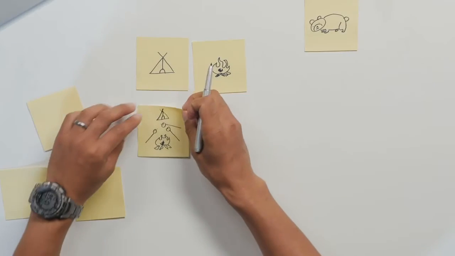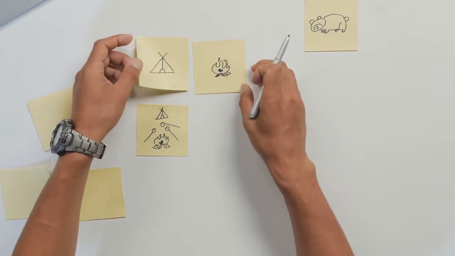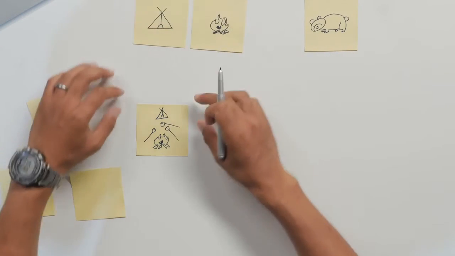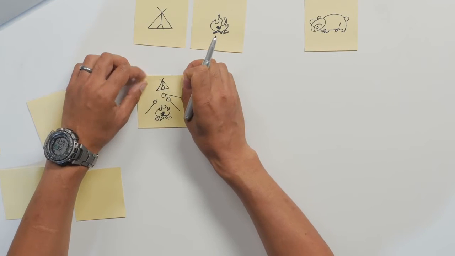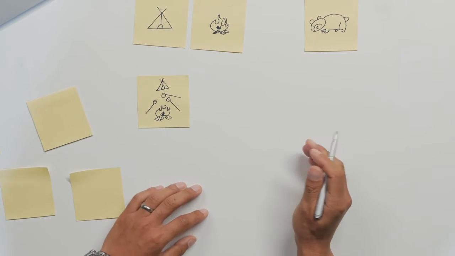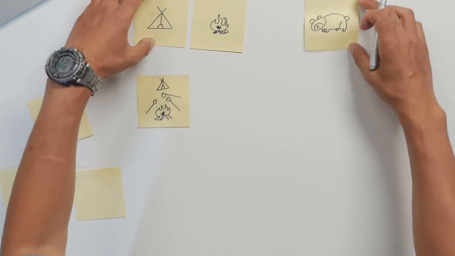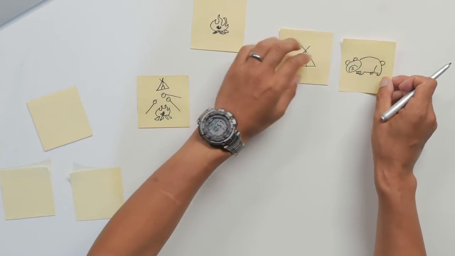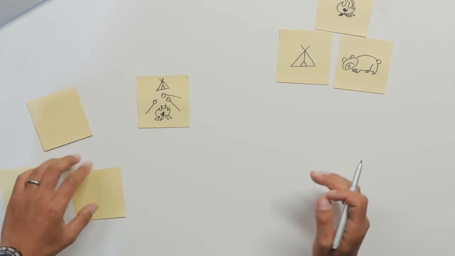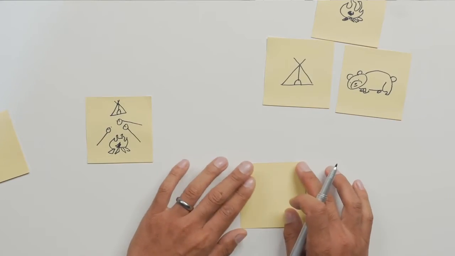So this could be a little more than just documenting, but now it's documenting your idea instead of direct visual translation. Then maybe I look at these three all together as a different camping experience.